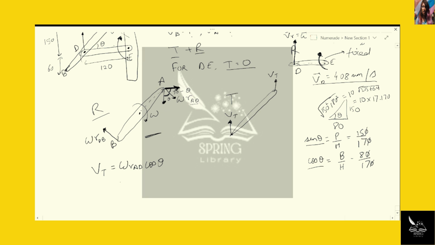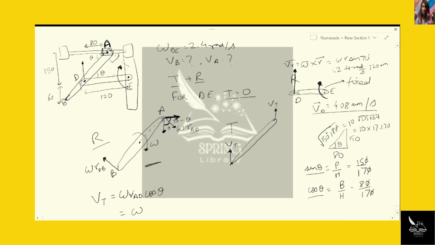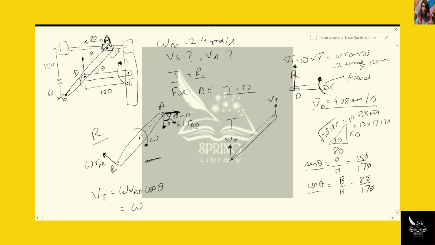And this is a different omega. This omega is omega of AB, not of DE, which is given to us. So we'll just leave it as omega. Then r AD is the length of the rod from D to A. So r AD is basically this distance.